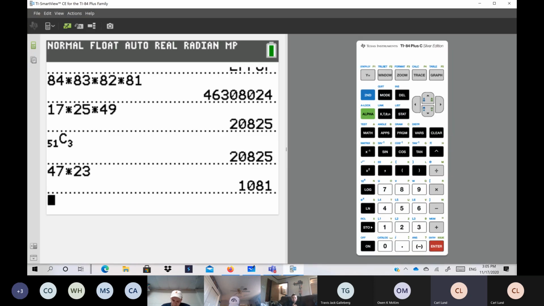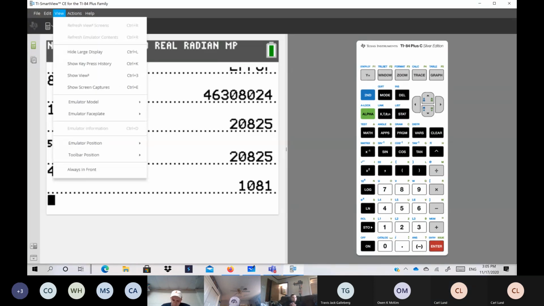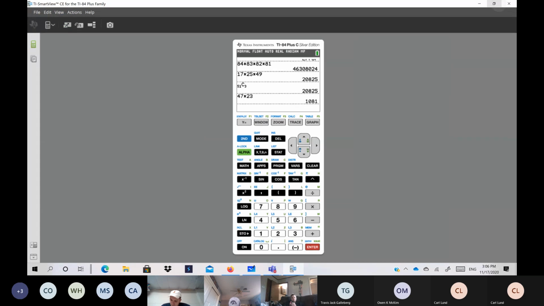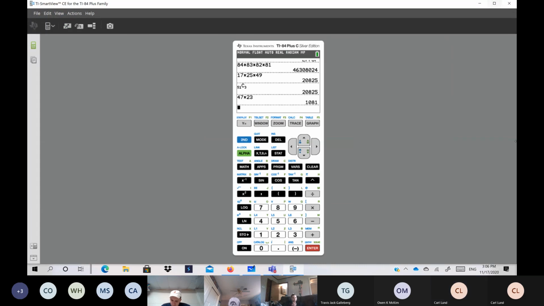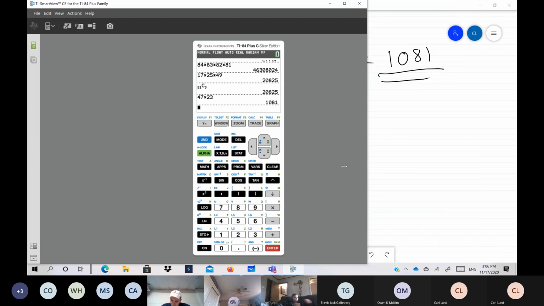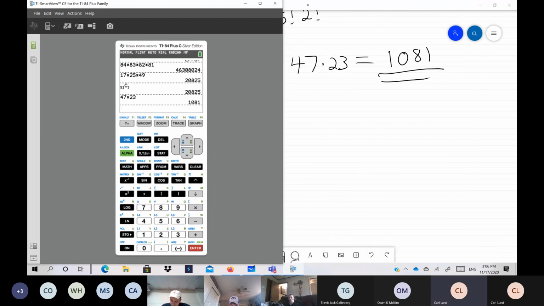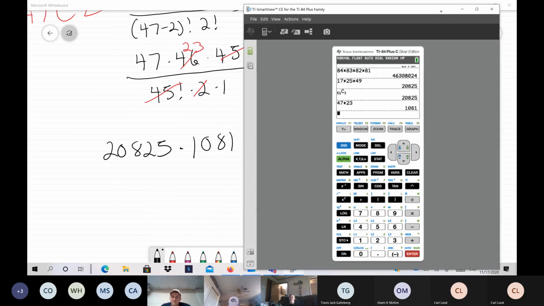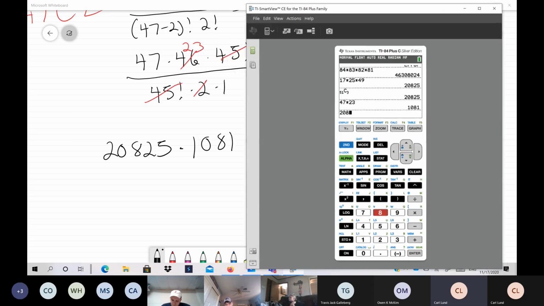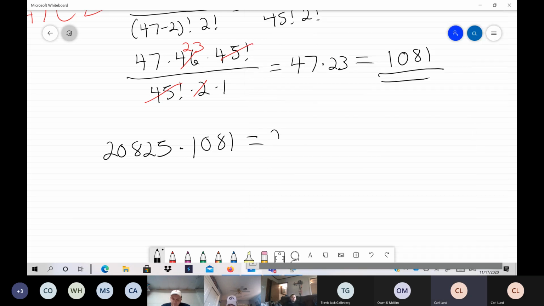We multiply those numbers together, and we get 22,511,825 committees that could be formed.